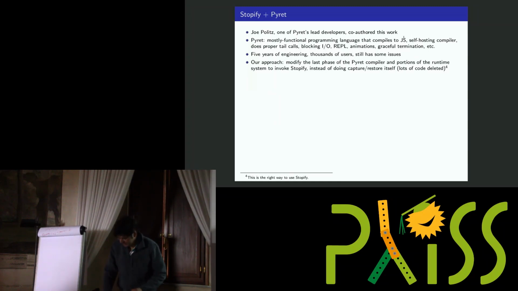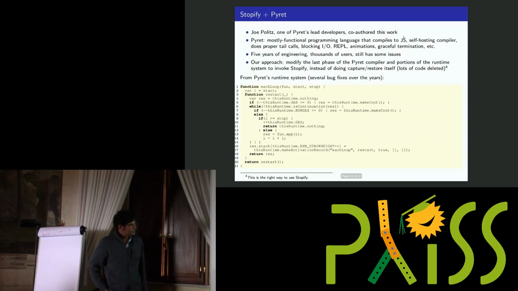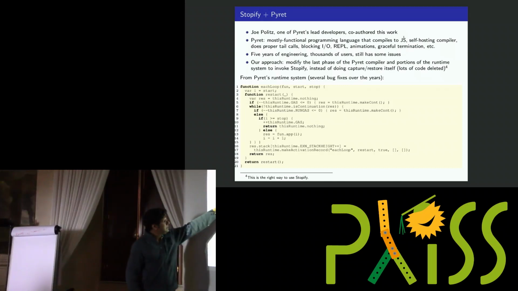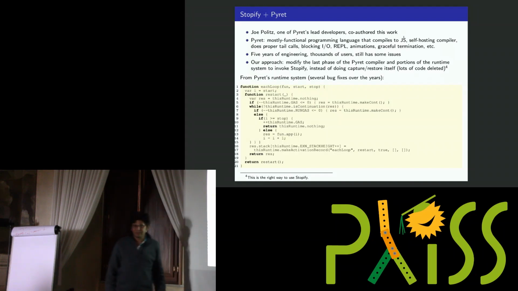I just want to give you a sense of what that looked like. Here's some code from the Pirate runtime system that implements a for loop iterating over a range. Given a start index and a stop index, this function applies the function fun for all values in that range. That's the implementation.